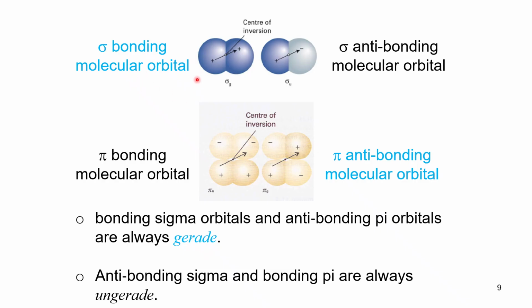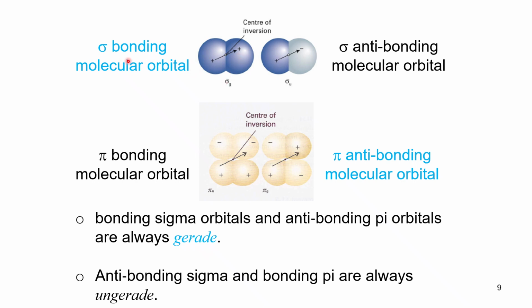So this is what happens in the sigma molecular orbital. You just choose any point within the molecular orbital, and then conduct the process of inversion. So you travel a distance through the center of inversion and then to the other end with the same distance. If the sign of the wave function after the inversion is the same, then we call the parity gerade, or symmetric.